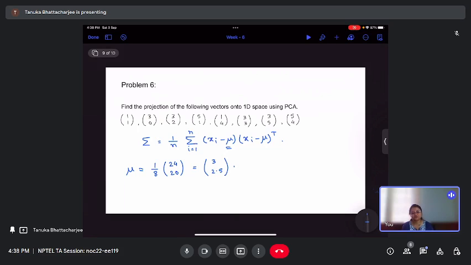Now, you will have to compute xi minus mu for all xi. You just have to subtract mu, the mean, from each of the data points. Let us write down the xi minus mu vectors. First you have (1, 1); subtract (3, 2.5) from that, and you get (minus 2, minus 1.5).